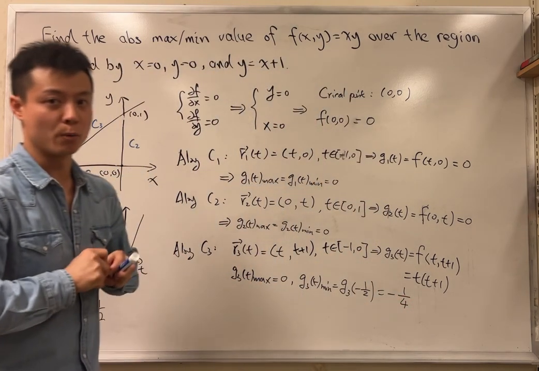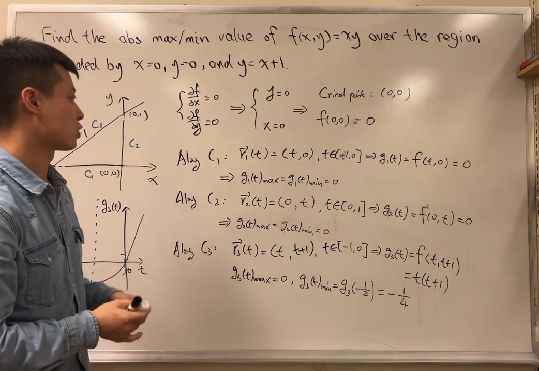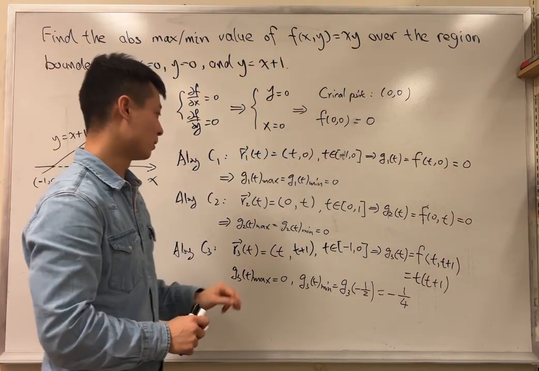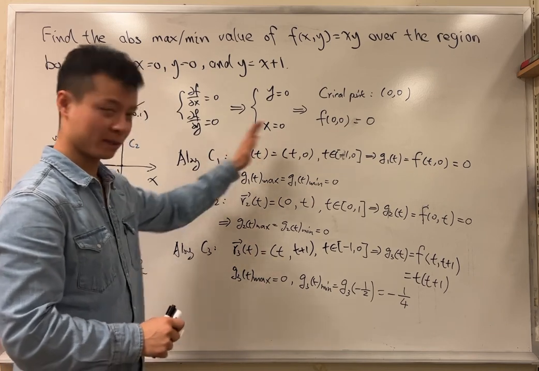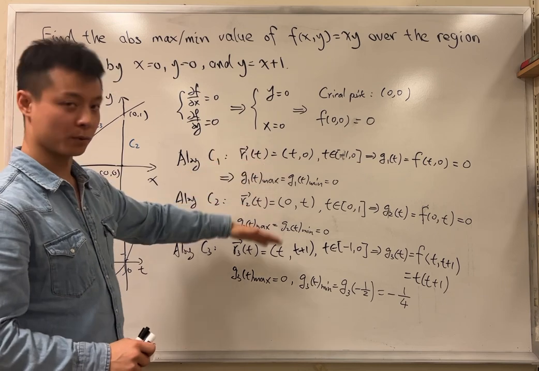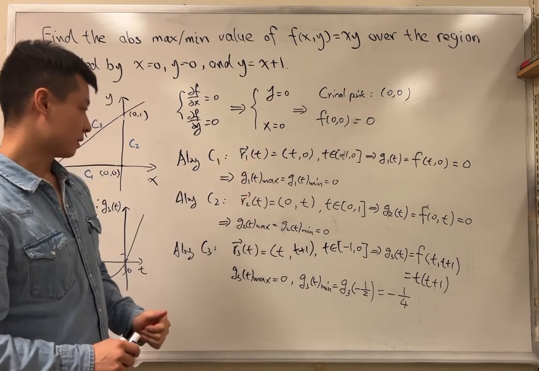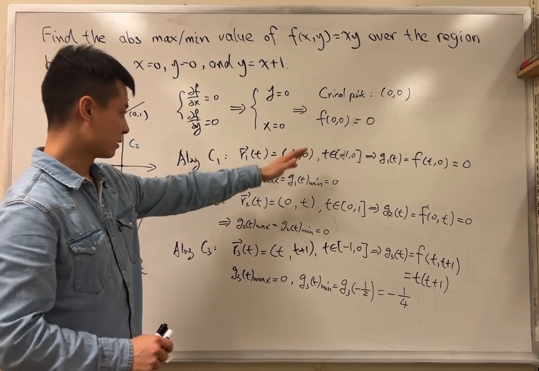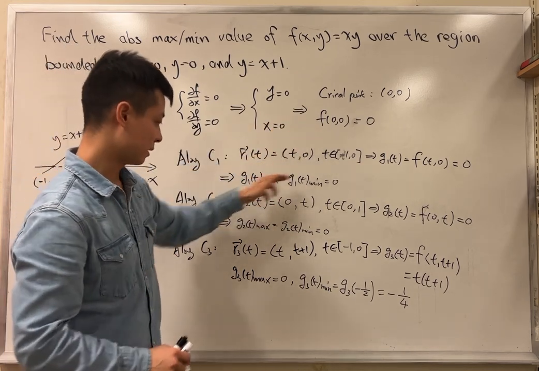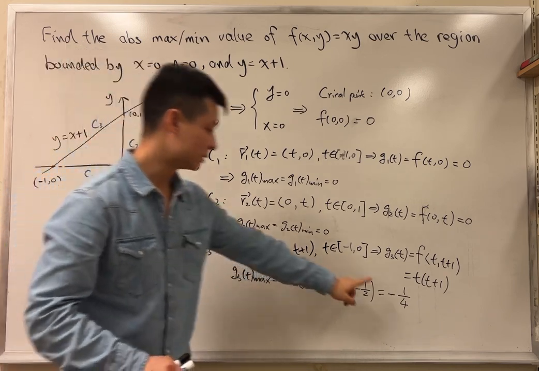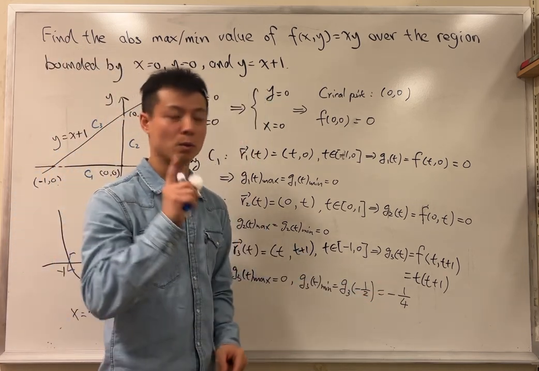So far we have finished discussing the function evaluated at the critical point, and also on the boundary in three situations. Then we compare all the values. According to the comparison, the max value is going to be 0, and the mean value is going to be -1/4.